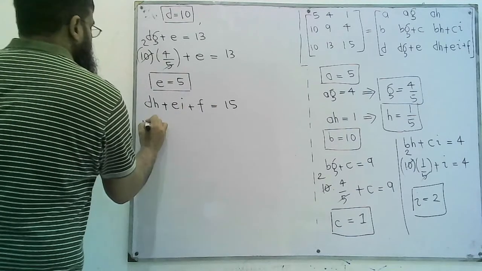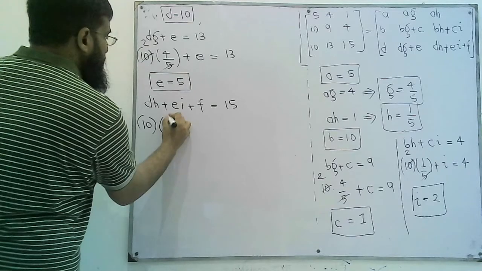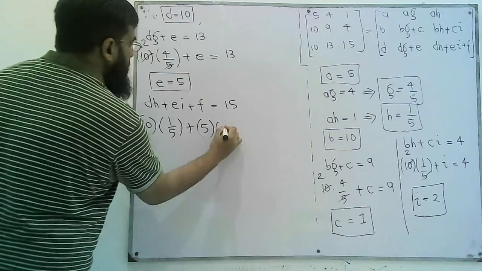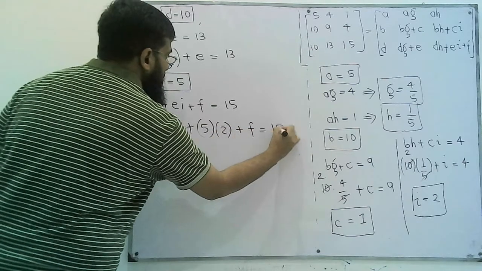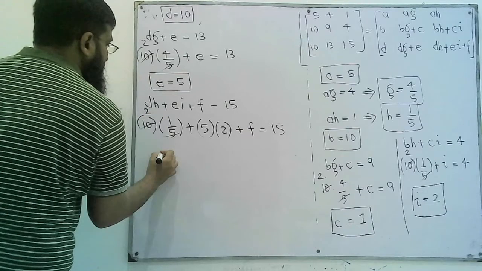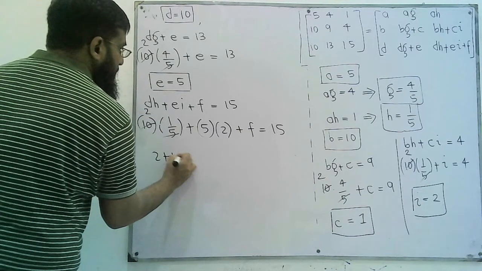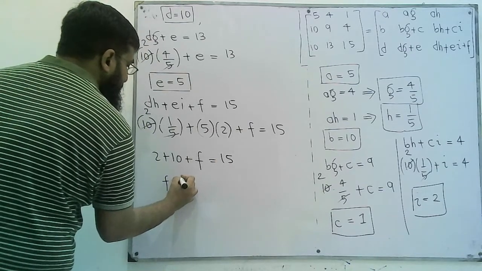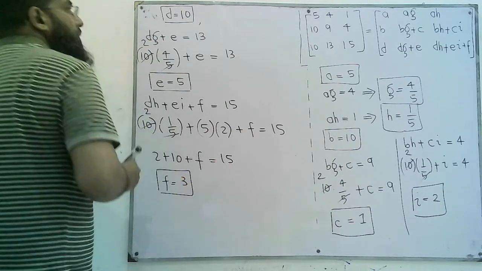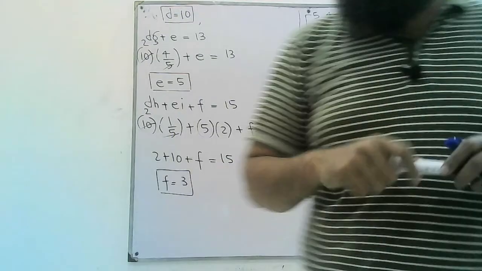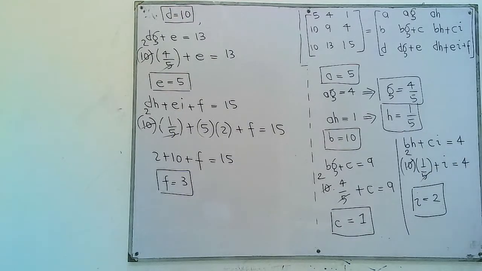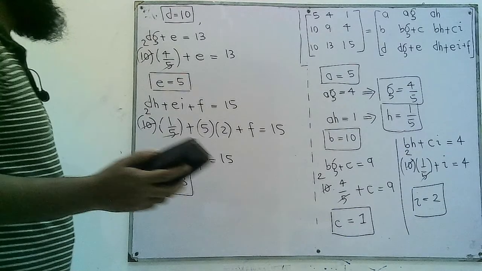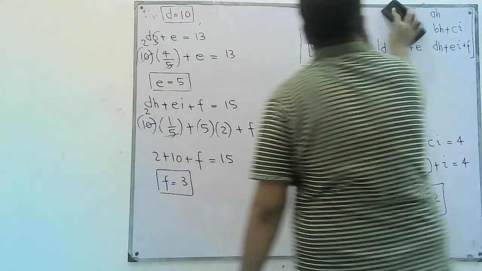D is 10, H is 1 over 5, plus E is 5 times I is 2, plus F is 15. So 5 2s are 10, 2 plus 10 plus F is 15. So F is 15 minus 12, 3. So now we have these elements computed for L and U matrices, and the rest of the steps, step number 3 and step number 4, are very easy. So now I'm going to write L and U matrices here.